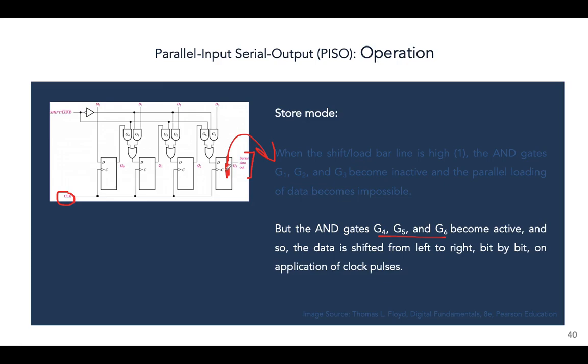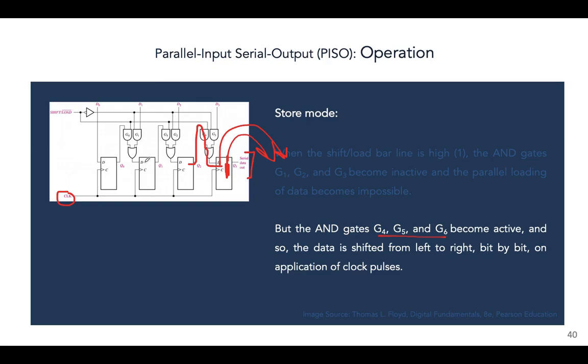And this is where the gates come in. G6 is active, which means whatever bit was in this flip-flop can simply move through this gate into this flip-flop. And then after the application of the clock pulse, that bit can be taken out.